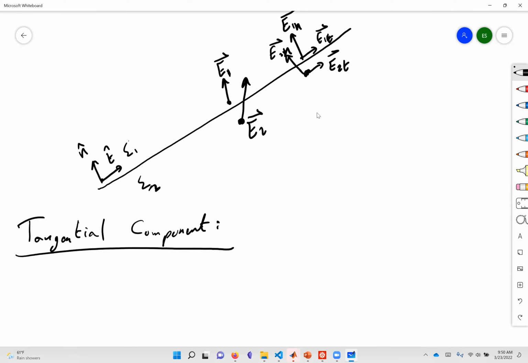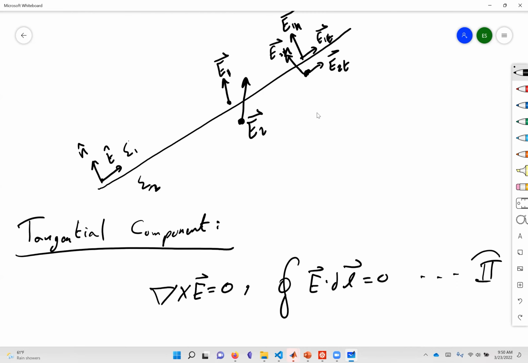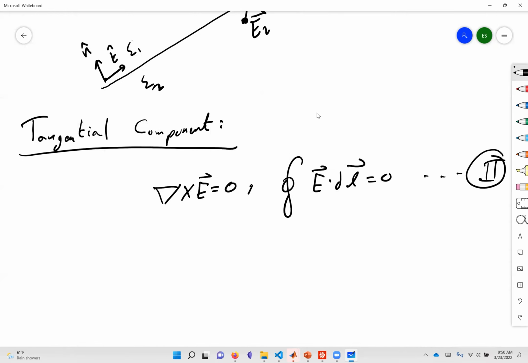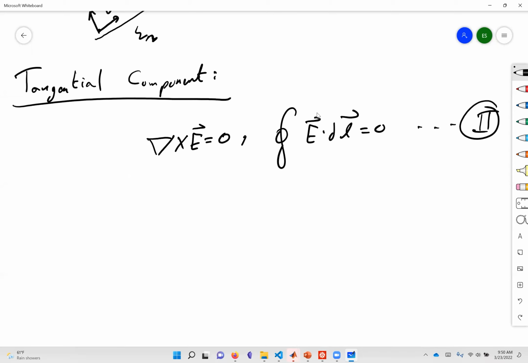For the tangential components, we're going to apply the second postulate, curl E equals 0. This will be the useful postulate to apply. And in integral form, it's the closed integral of E dot dl equals 0. This is postulate 2. The trick now is to determine a path.